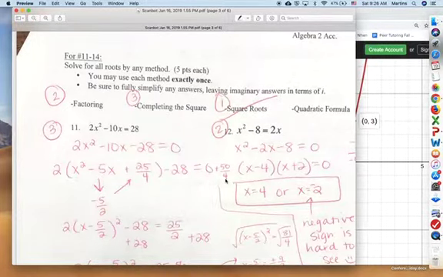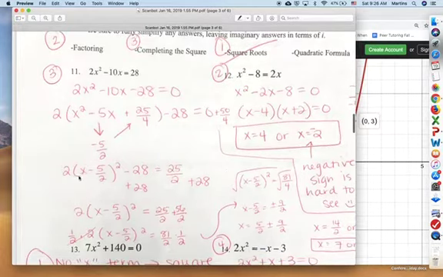Continuing on, I have 2 times x minus 5 halves squared. I'm just rewriting this trinomial as a binomial squared. And that equals 25 halves. I just divided by 2 along that common factor in the numerator and the denominator. Then I need to add 28 because I really want to isolate this squared term on the left and get it equal to a constant.